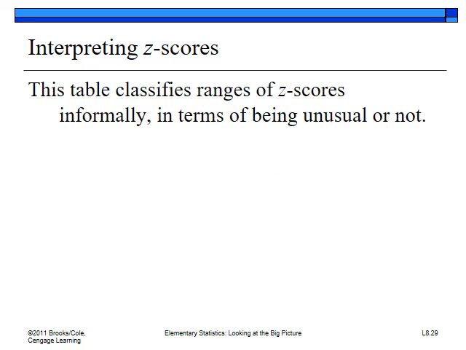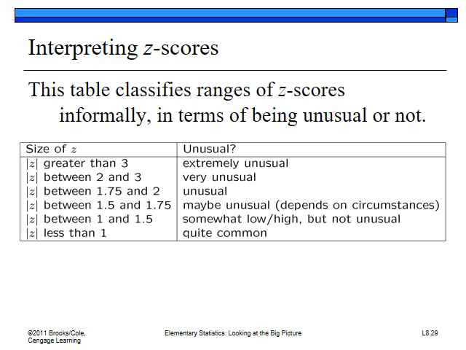Let's look at a table to help us interpret z-scores. This table indicates how unusual a value of z is by looking at its absolute value. Remember, the absolute value of a number is an indication of how far it is from 0. Since these are z-scores, 0 is the mean.